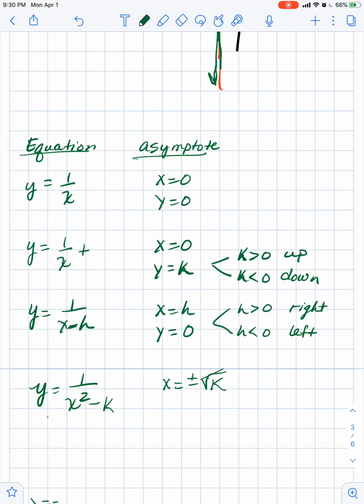Because we would have to square that. And again, our other asymptote is y equals 0. Okay? So hopefully that makes sense to you on that. Okay. We'll try some more.